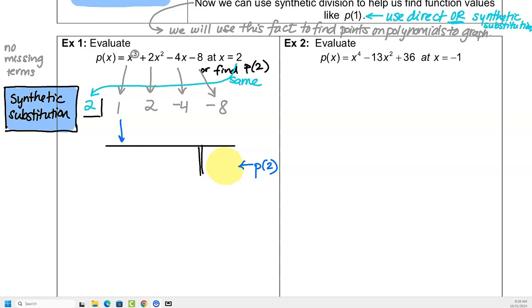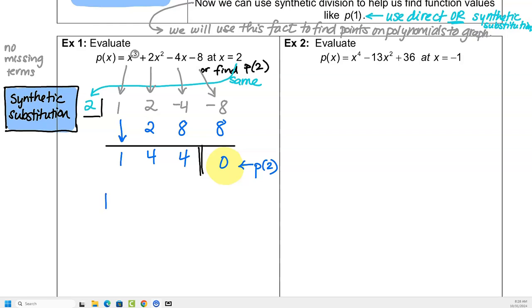So drop the 1, and then do 2 times 1, which is 2. Add going down, you get 4. 2 times 4 is 8. Add going down, you get 4. 2 times 4 is 8. Add going down, you get 0.